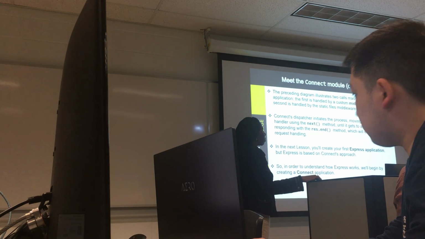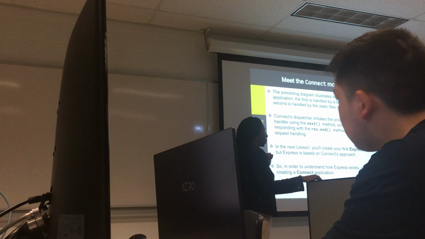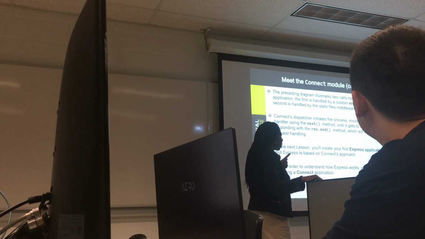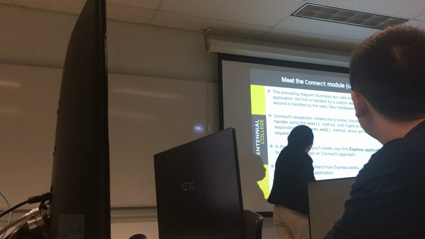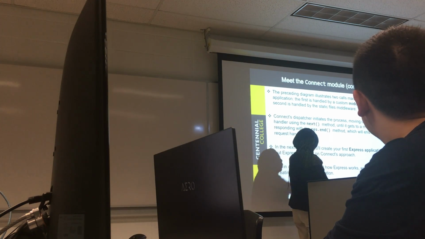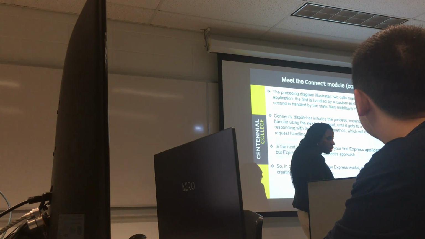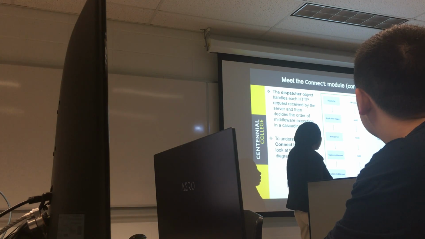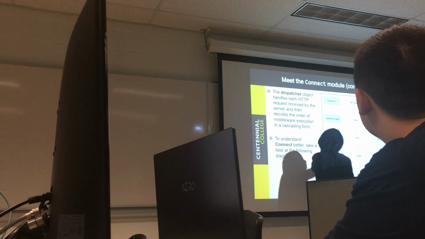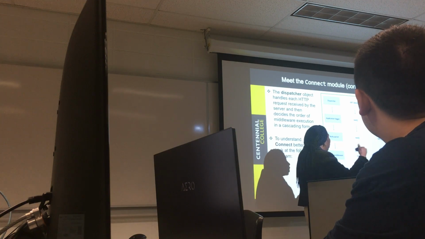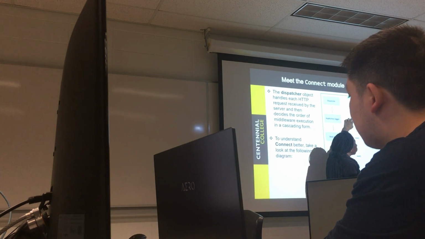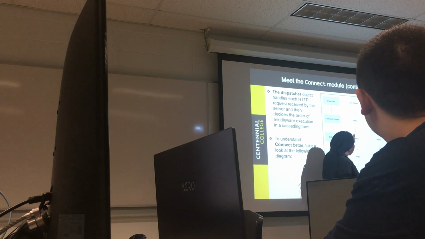So basically, what will the dispatcher do? The dispatcher will initiate the process, then it will move on to the next handler using the next method until it gets to the middleware responding with the response end method, which will now end the request handling. If you make a request, the dispatcher will look at the request in stages. It will look at the request you have made, then the next one, then the next one, using the next method.